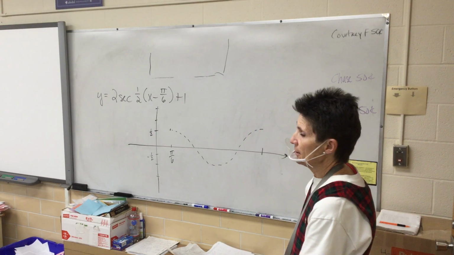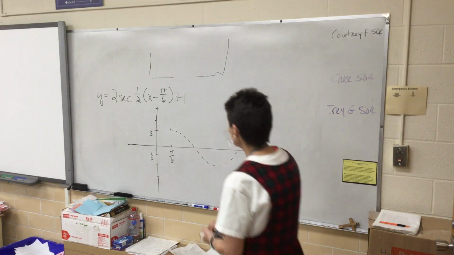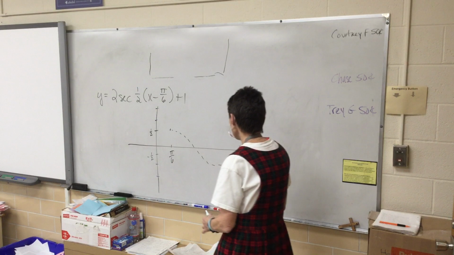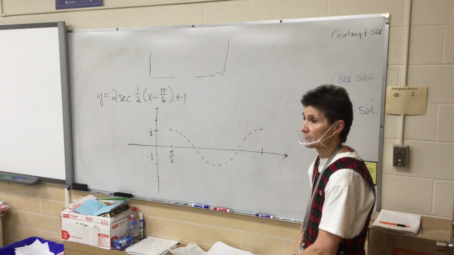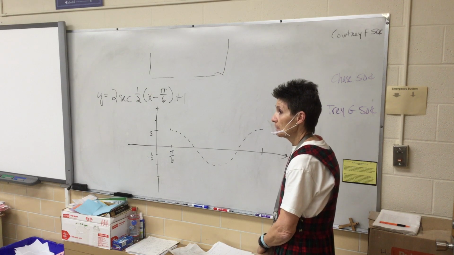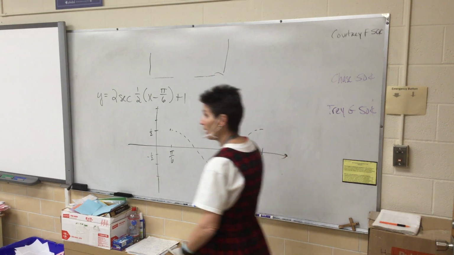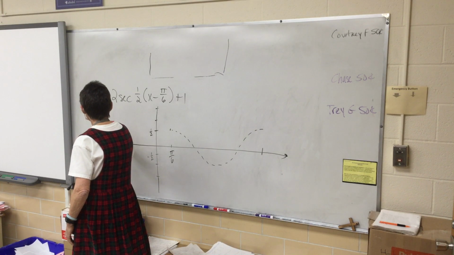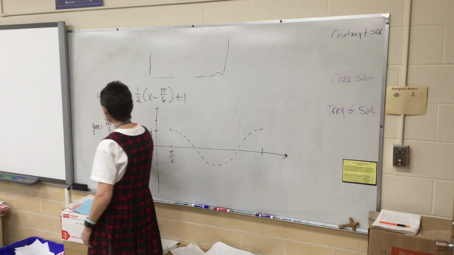What's my period? Oh, I'm not doing anything with this till the end. So just pretend that's not there for a minute. What's my period? The normal period's 2 pi, but what's happened to this one? Whoa, guys, divided by a half.